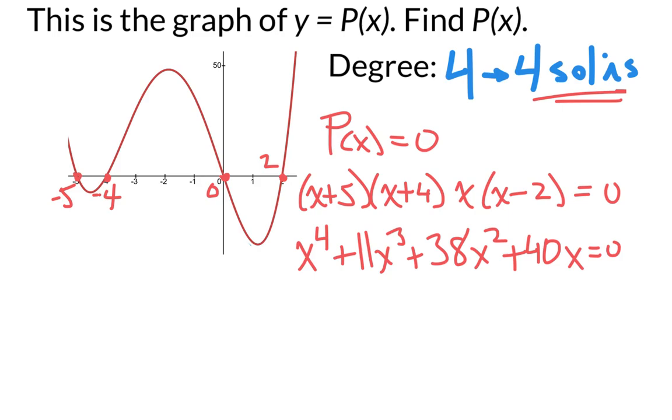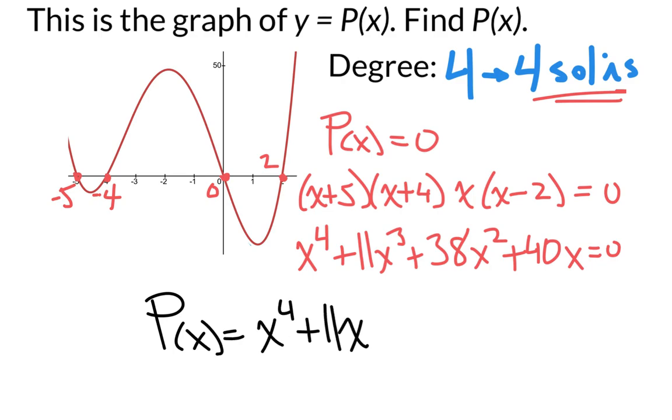We were asked to find what p of x is. Well, we did. Our p of x is going to be this polynomial: x to the 4th, 11x cubed, 38x squared, and 40x.